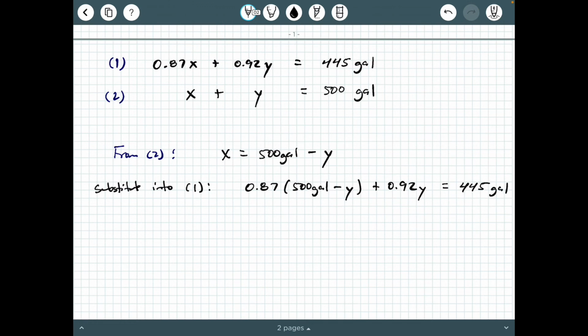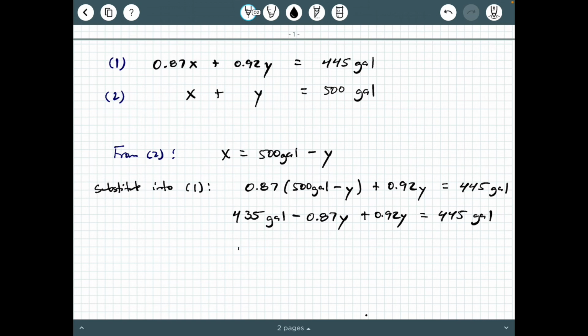So we can do some multiplication here. Let's see, 0.87 times 500 is, we get 435 gallons minus 0.87y plus 0.92y equals 445 gallons. And then at this point, we can pretty easily combine some things.